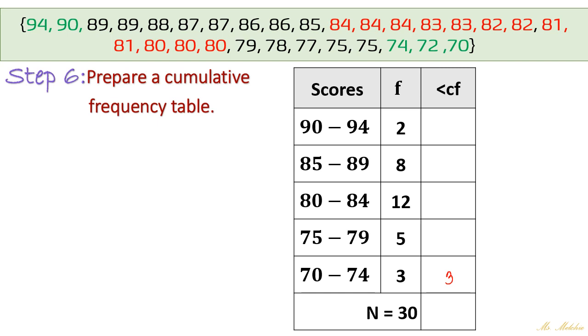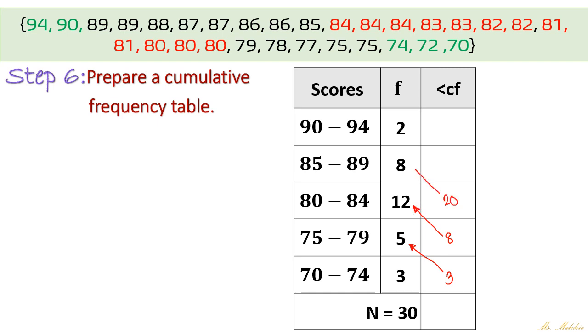Since we have the 3 here, to get the next cumulative frequency, we just simply add 3 to the succeeding frequency, and that would be 5. So 3 plus 5, we would have here 8. Next is 8 plus 12, we would have 20.